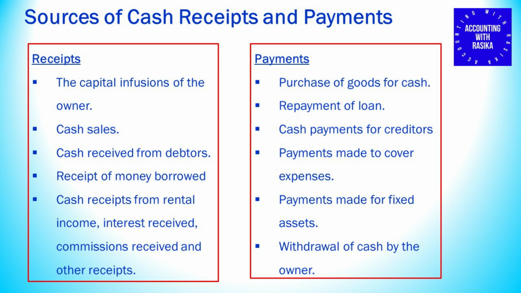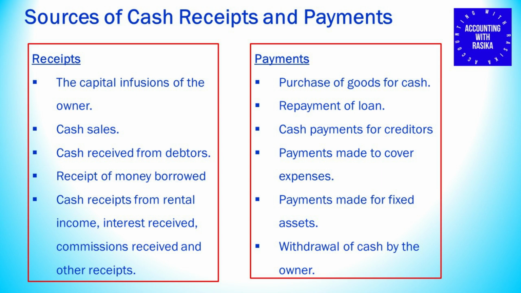And then when you sell on credit and then recover money from debtors, cash recovered from debtors is also a cash receipt of a business. Then receipt of borrowed money, that is loans. Receipts from loans are also cash inputs to the business. Cash receipts from rental income, interest received, commissions received and other receipts are also cash receipts of a business.